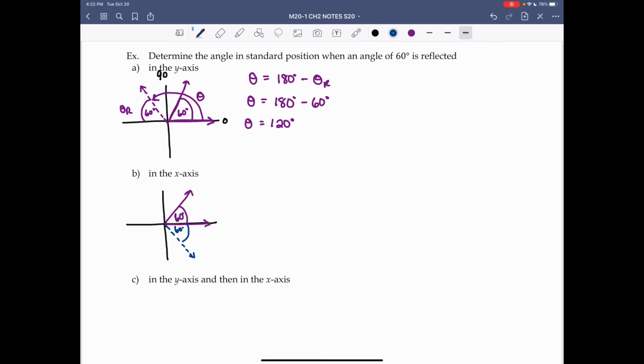Then we're trying to find the angle theta, which would go from the positive x-axis all the way around to our terminal arm. The angle plus the reference angle add up to 360. So to find theta, we start with 360 degrees and we subtract theta r. For this example, that's 360 degrees minus 60 degrees. So theta is 300 degrees.